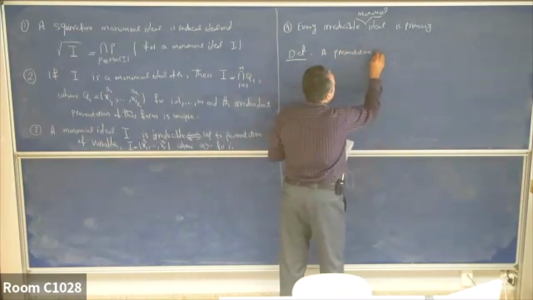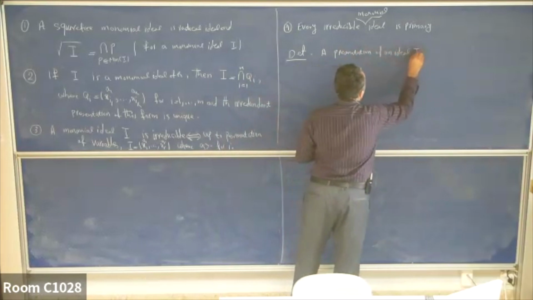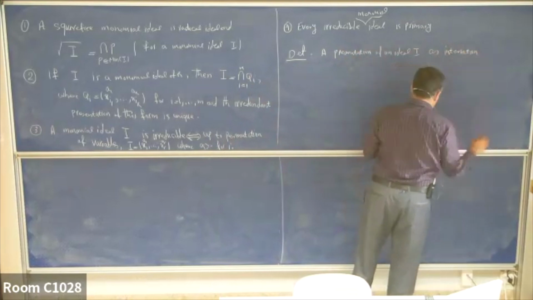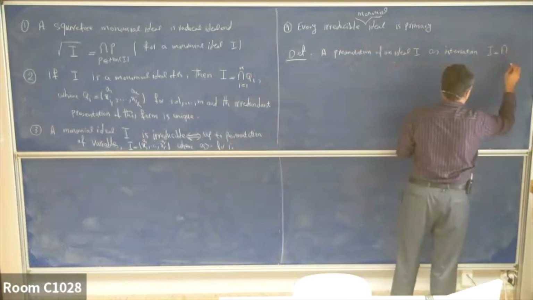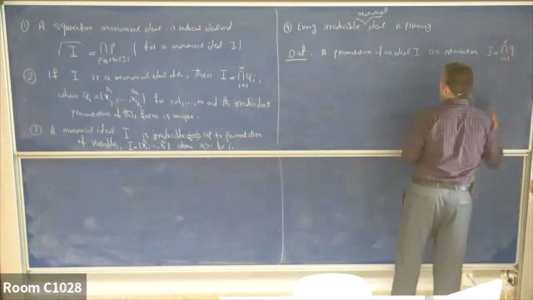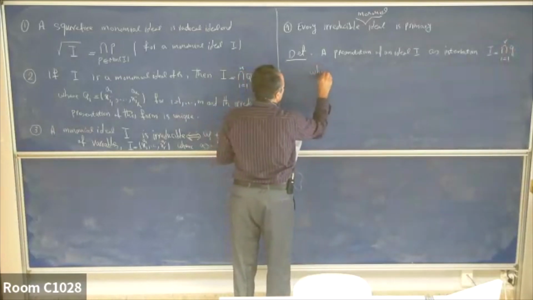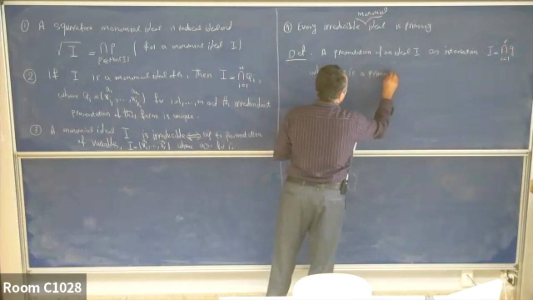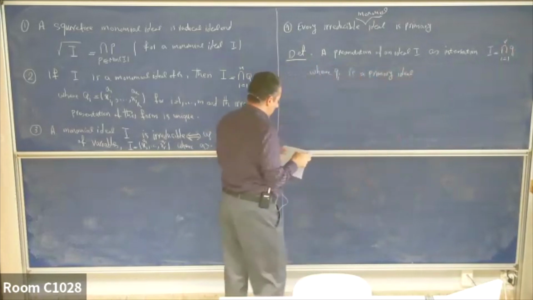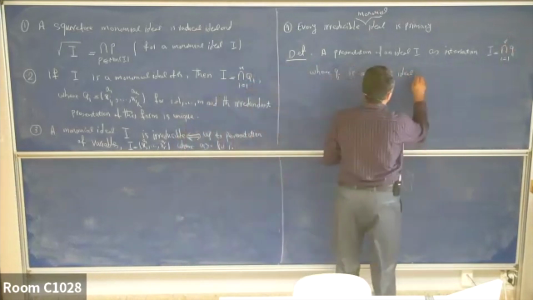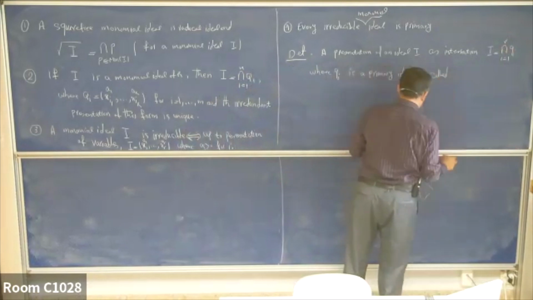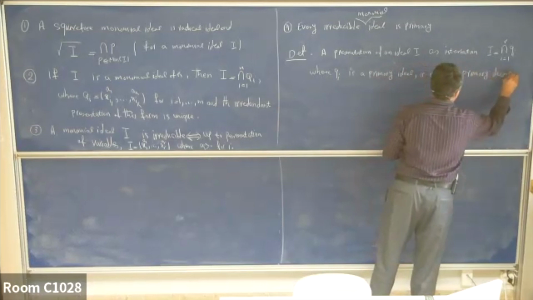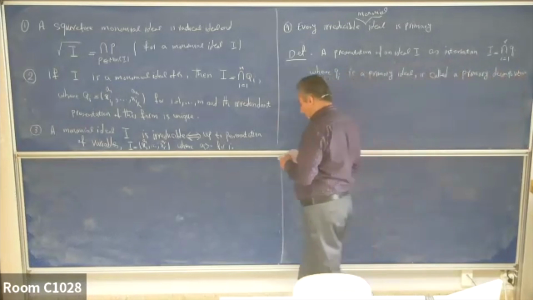A presentation of an ideal I as an intersection, I equal to the intersection of Q_i, where Q_i is a primary ideal, and yesterday we defined the primary ideal, is called a primary decomposition.